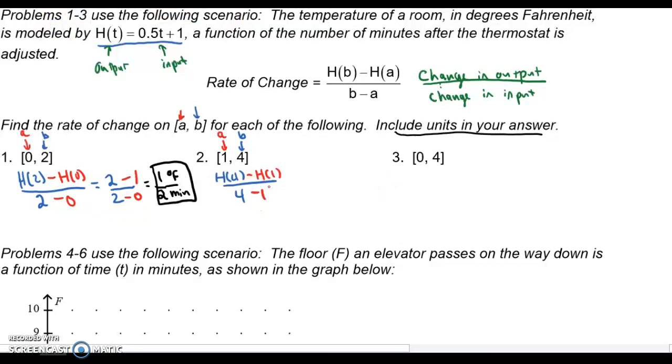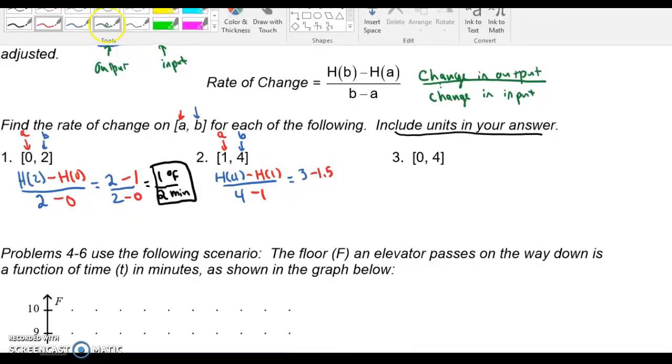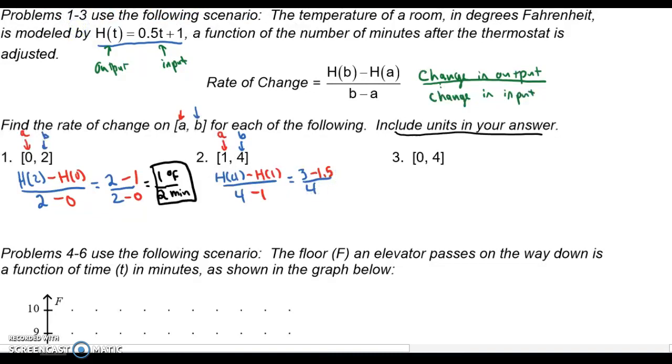Just again, that formula for rate of change, that's the change in output over change in input. h of 4, when we plug it into the h of t function, will give us 3. h of 1 will give us 1.5. And then, again, that's divided by 4 minus 1. And so when I subtract those, 3 minus 1.5 is 1.5, and divided by 3 ends up giving us, when simplified, 1/2, and the same units.